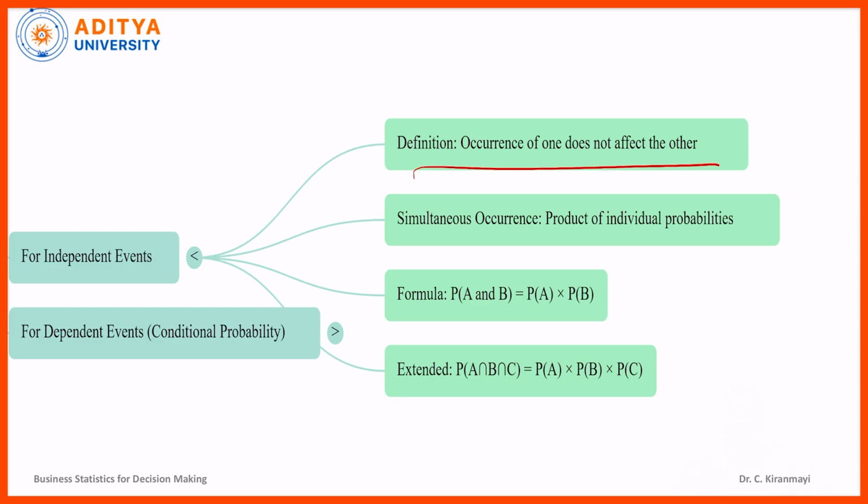The probability of getting head in the first toss is 50%, and if I toss the same coin a second time, the probability of getting head is again 50%.